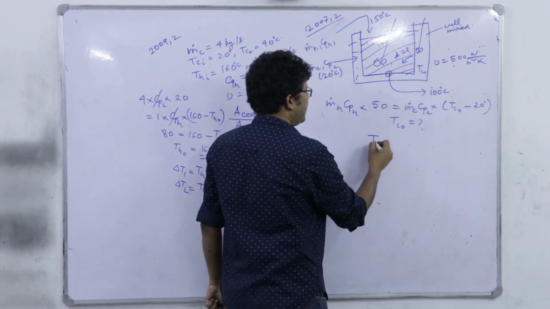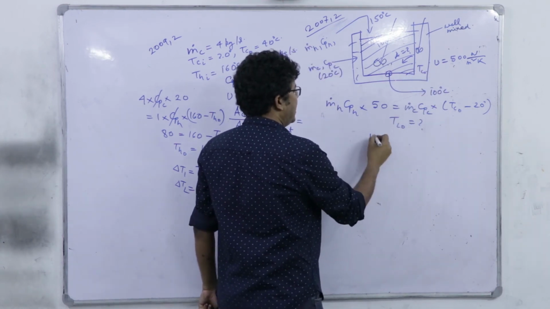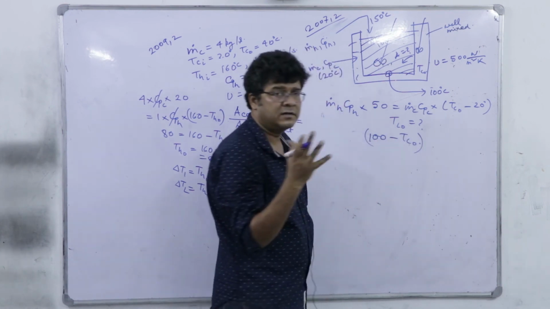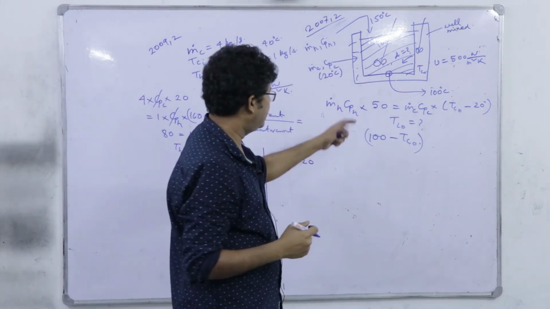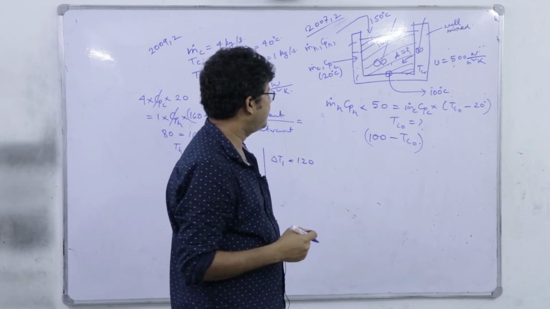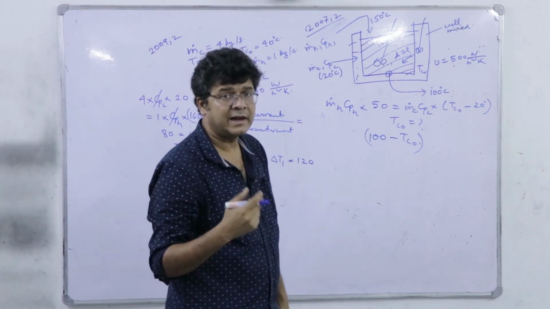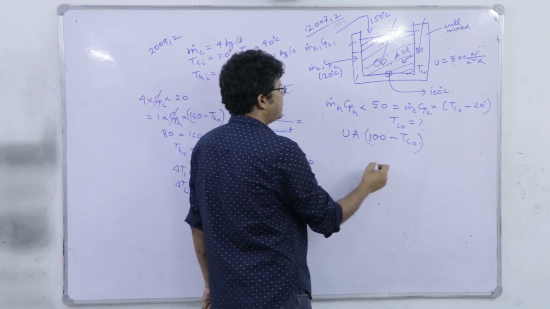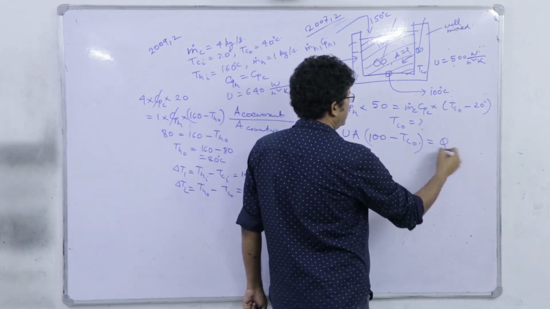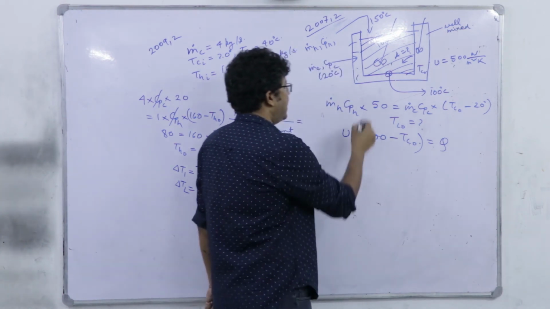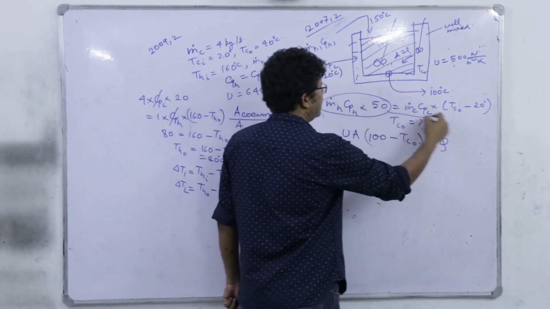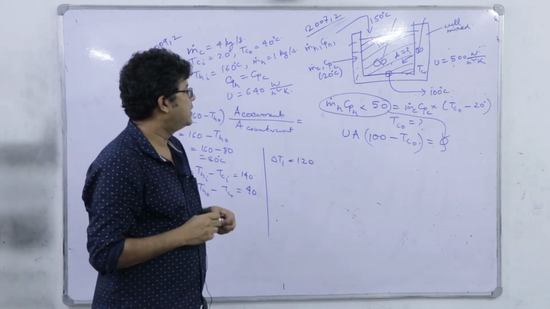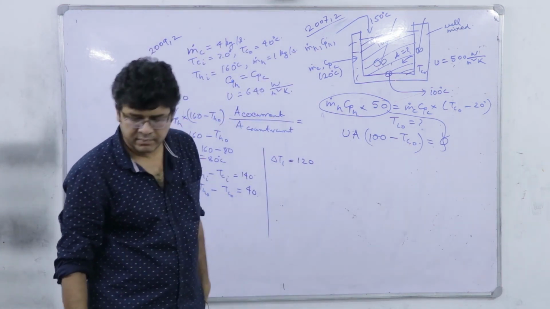So my driving force will be 100 degree minus TCO. That is the salient feature of this problem. Then U into A must be equal to Q, right? And Q is this. So substitute it and get the answer of this area.